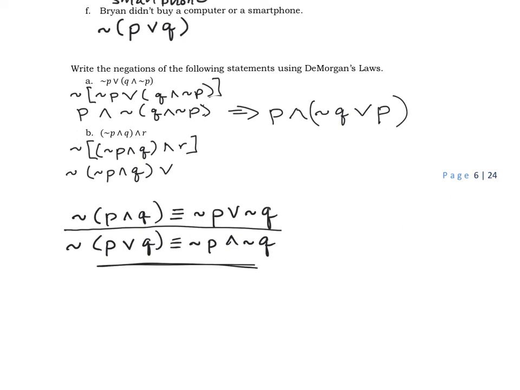It'll be now a disjunction and then the negation of the R. So let's now use De Morgan's theorem and use our negation of this particular statement. So a negation of P. It's going to be P, and instead of the and, it'll be the or, and then the negation of Q, and then or the negation of R.